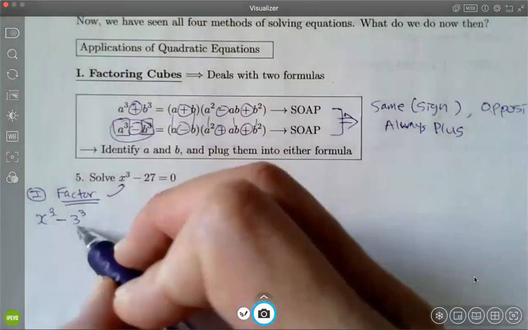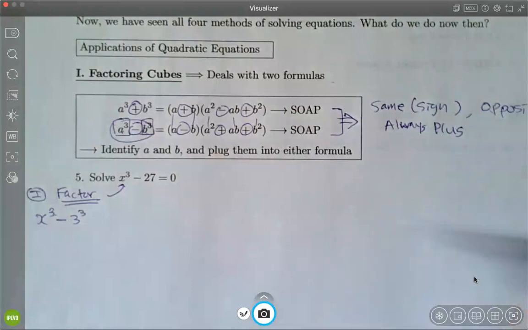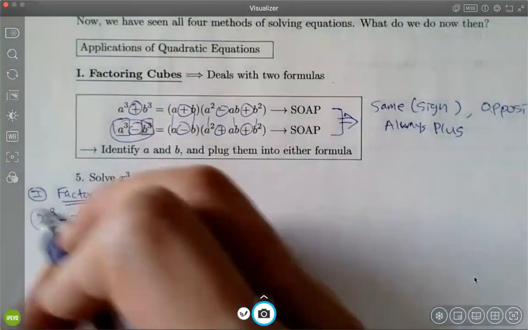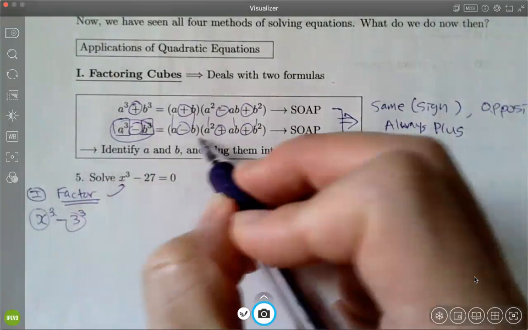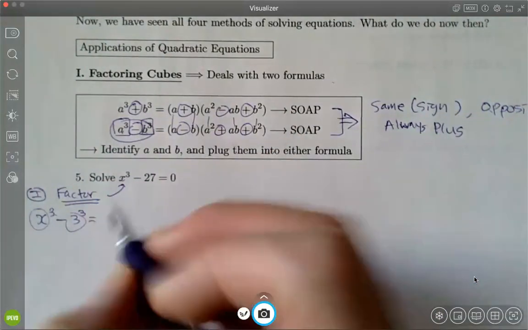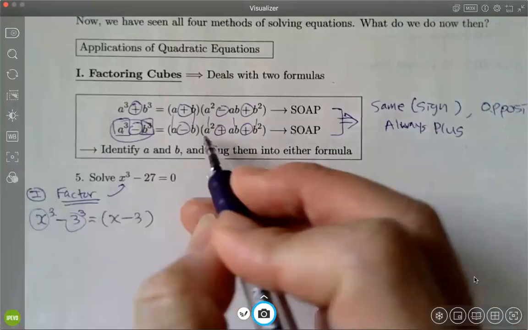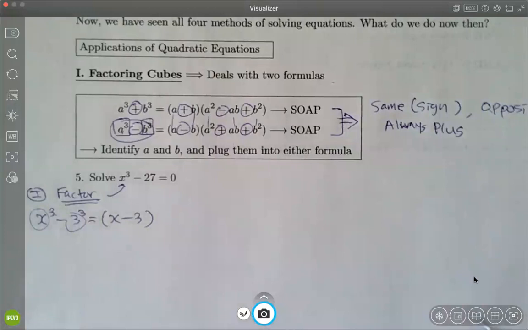That's the big 3 here, not this little 3. So you can plug in x and 3 into the right-hand side. It's x minus 3. Again, remember we keep the same sign.